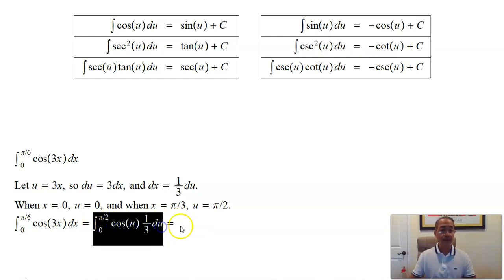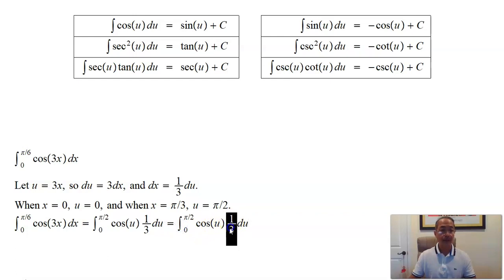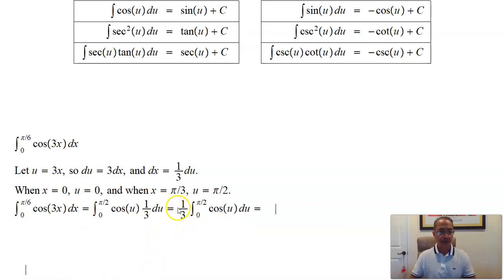So let me make a copy of this, and we can take the 1/3 outside. Now we are ready to apply the antiderivative formula. We will get sine of u, and we will plug in 0 and pi over 2. I had to get my evaluation bar over here. So we want to evaluate sine of u from 0 to pi over 2.